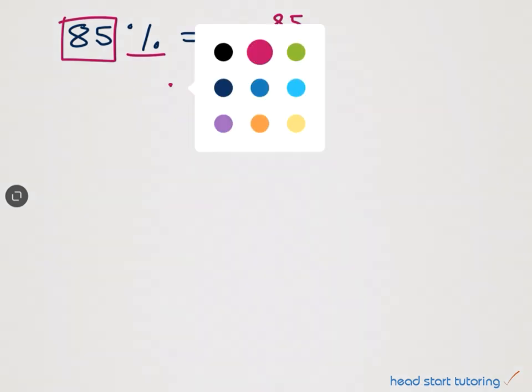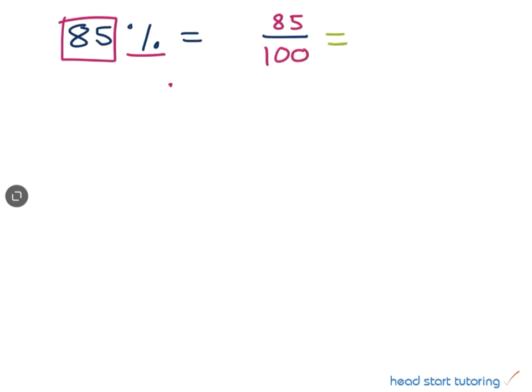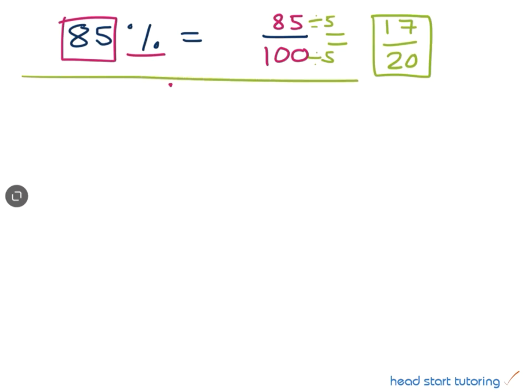And all we need to do now is simplify this fraction. So we divide both 85 and 100 by 5, and we end up with 17 over 20. So 85% as a simplified fraction is 17 over 20.